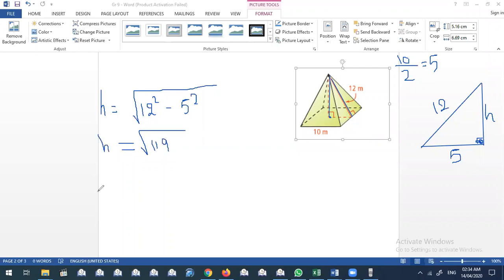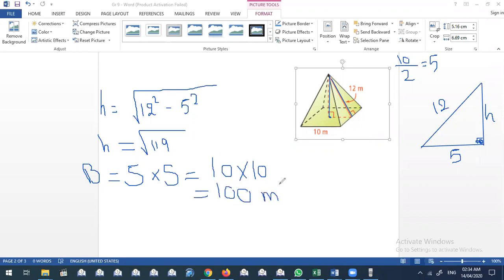We need to find the base area, which is B. The base here is the shape of a square, so it will be side times side, means 10 times 10. 10 by 10 is 100 meters square.